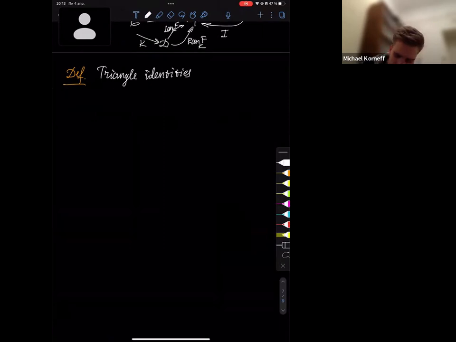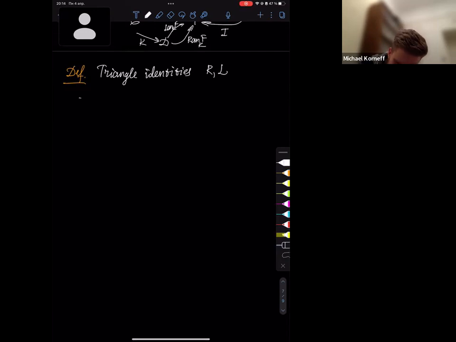These are the diagrams which come from an adjunction between functors L and R, such that we have these identifications between diagrams.